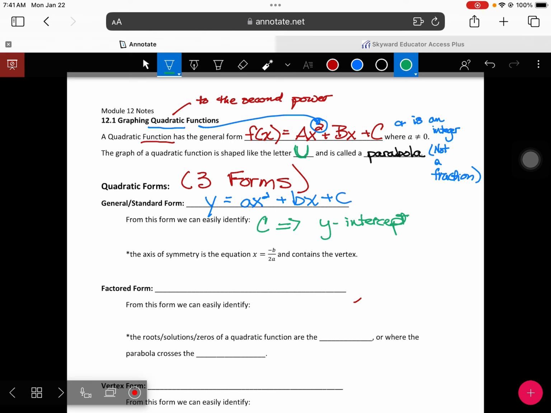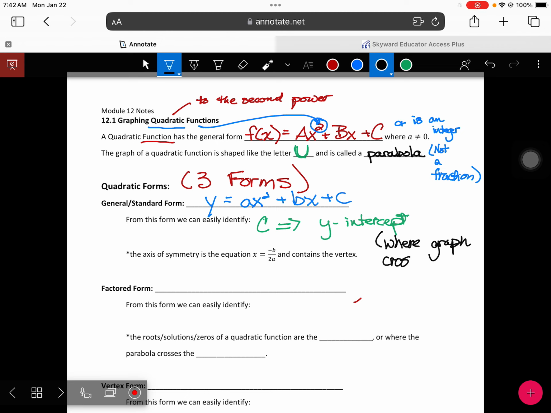This y-intercept. What is the y-intercept if you're looking at a graph? Does anybody remember? Yeah, it's where your graph crosses or intersects with the y-axis, okay?